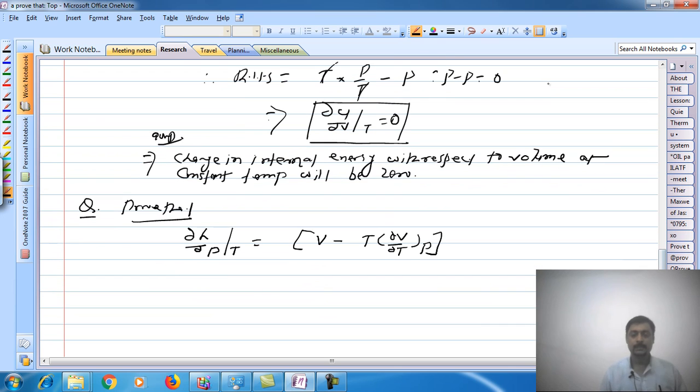Both equations are similar. If you look carefully at this problem, there is some similarity with the previous question. Instead of U, here enthalpy is used, and instead of V, pressure is used.